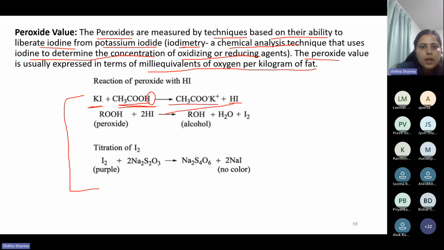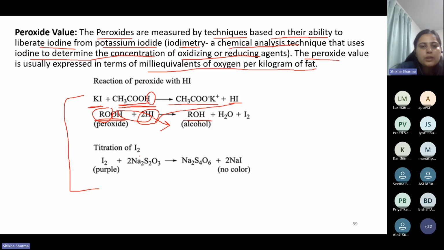This HI will react with the peroxide, which is ROOH, and it will form water, which goes out, and iodine, which goes out, and this RO plus H will form an alcohol.